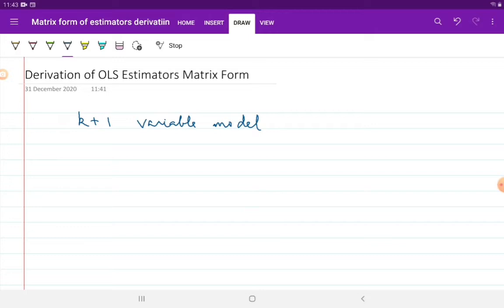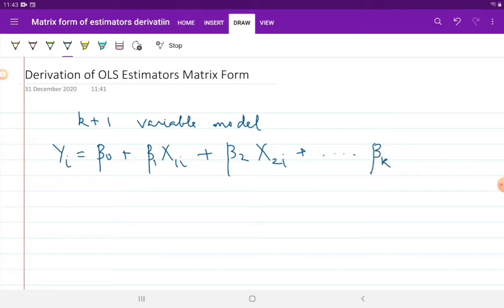So the equation in general terms for a k plus 1 variable model will be yi is equal to beta naught plus beta 1 times x1i plus beta 2 x2i, etc., beta k times xki plus the error term, which I am calling ei.